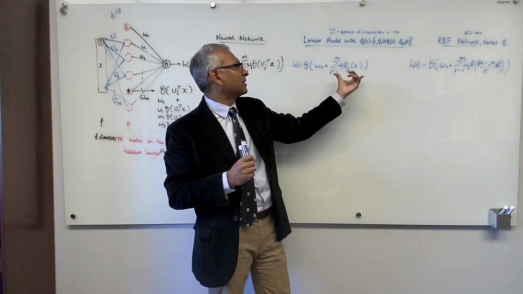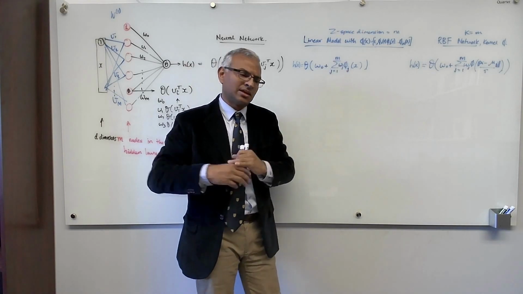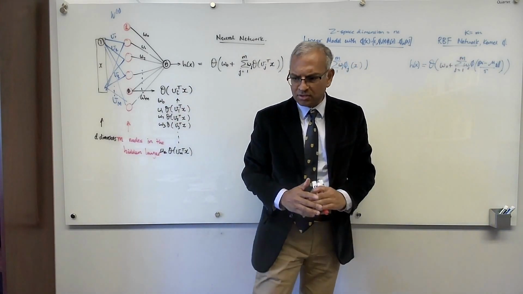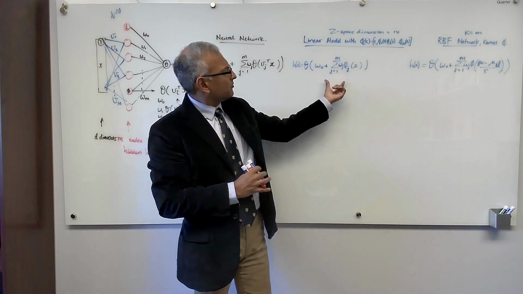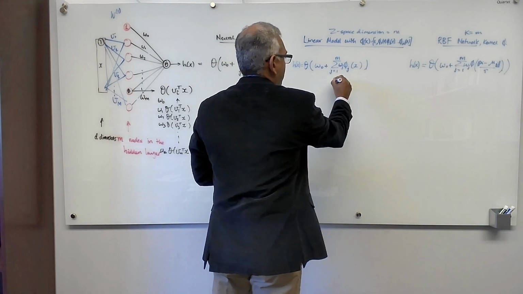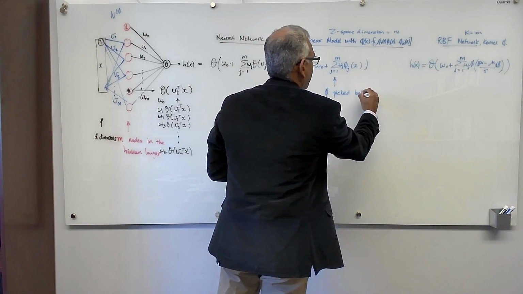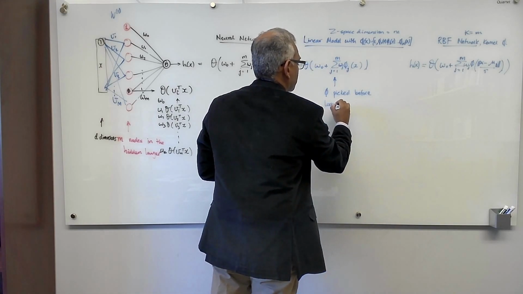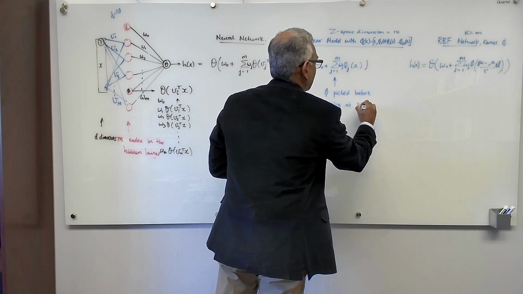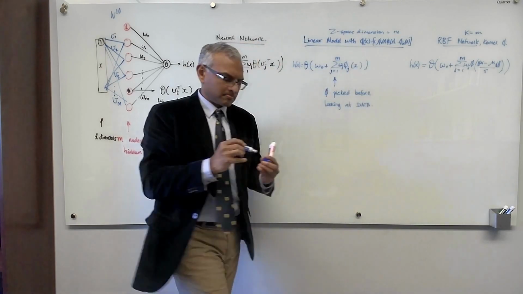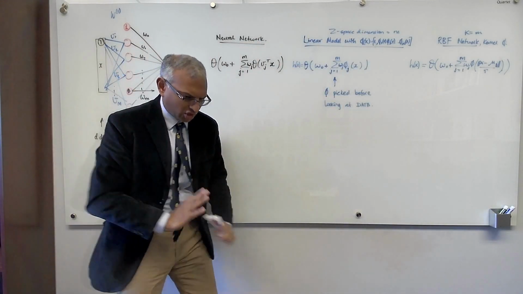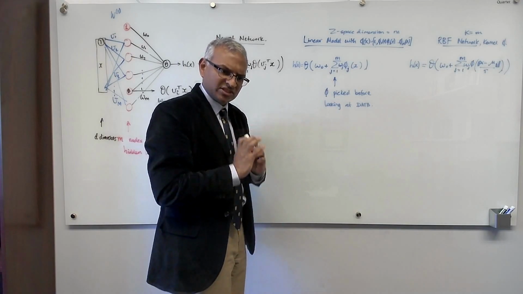When you've picked your feature transform before you look at the data, we can apply the rigorous E in to E out bound. So the feature transform phi is picked before looking at data. Tell me what it is before you see the data.